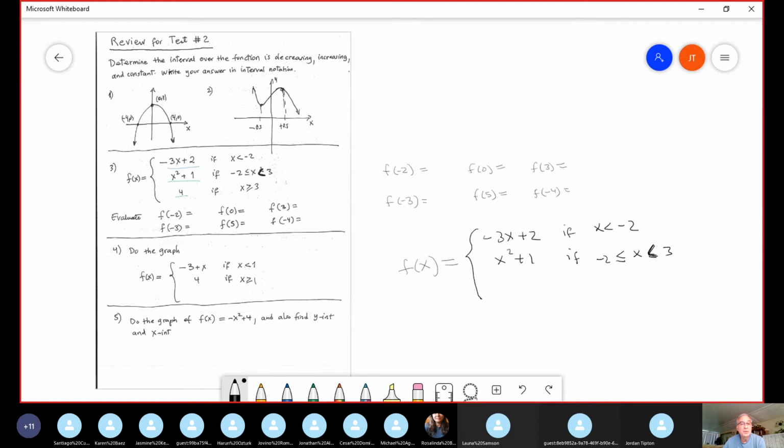No equal. It's just 4 as a constant function if x is greater than or equal to 3. You need to evaluate number 1 at negative 2. Okay, let me erase that part.